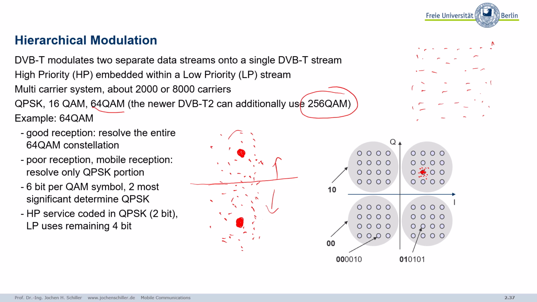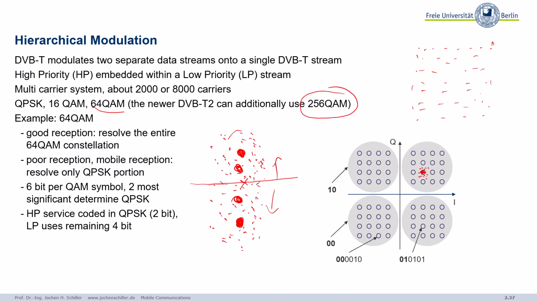Okay, what do you do if the point is somewhere here, exactly in the middle? But what happens if you pack more and more points into this constellation diagram? That means you have also points here and here. And all the other points are the points you receive. So signals you receive.